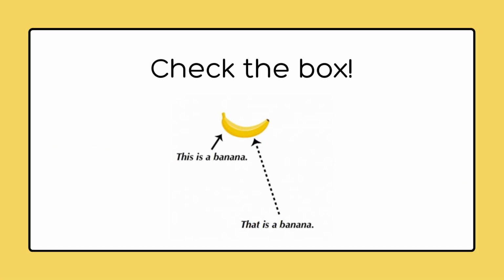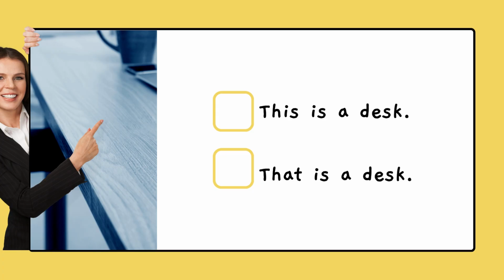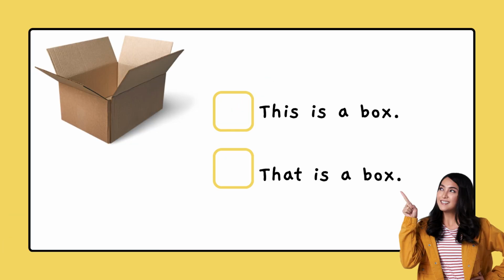This time, check the box. This is a desk or that is a desk. This is a desk, because the lady is next to the desk. She is very close to the desk. This is a box or that is a box.